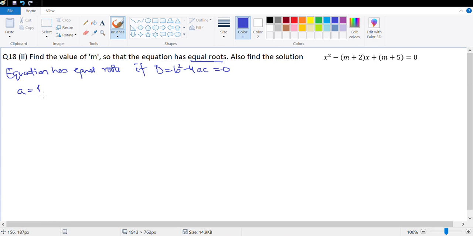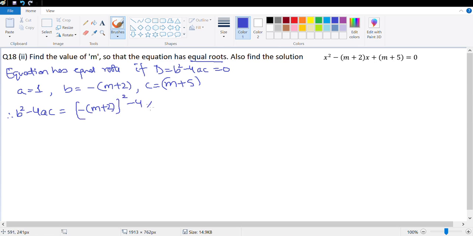A is equal to 1, b is equal to negative of m plus 2, and c is equal to m plus 5. Perfect. Now let's find the value of b square minus 4ac. So therefore b square minus 4ac is equal to negative of m plus 2 the whole square minus 4 into a, which is 1, multiplied with c, which is m plus 5.